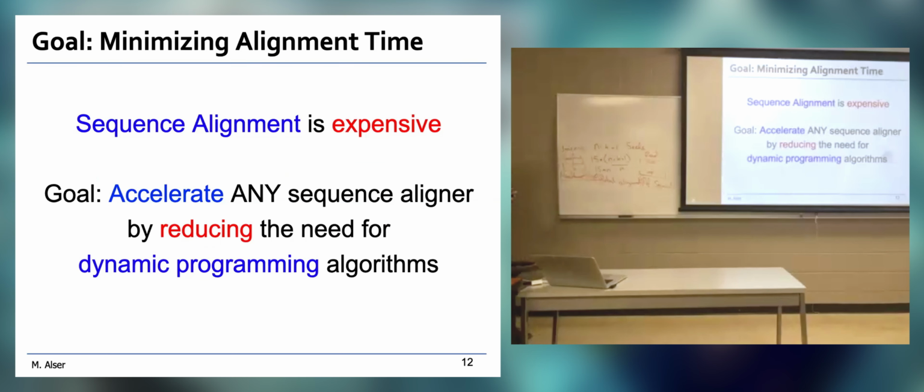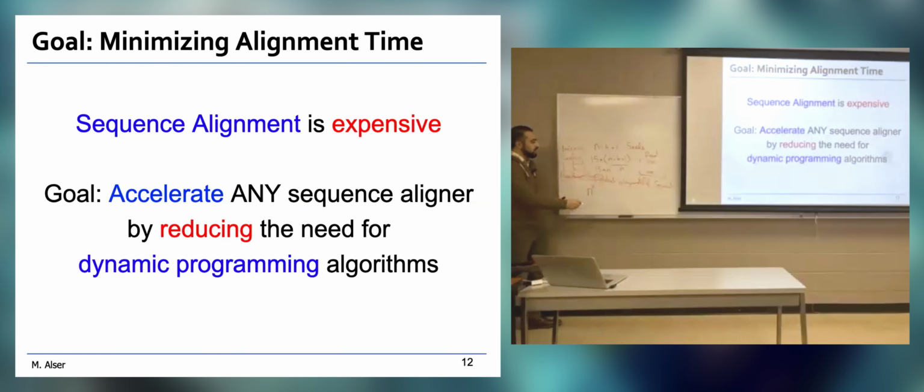Okay, so the goal of filtering, basically, is to solve the computational problem that sequence alignment is expensive. And remember, sequence alignment is part of the dynamic programming algorithm, right? And we already went over many examples that show that this is really expensive. Okay, because this is n to the power 2, where n is the sequence length.